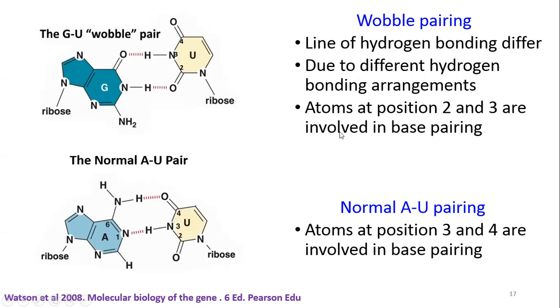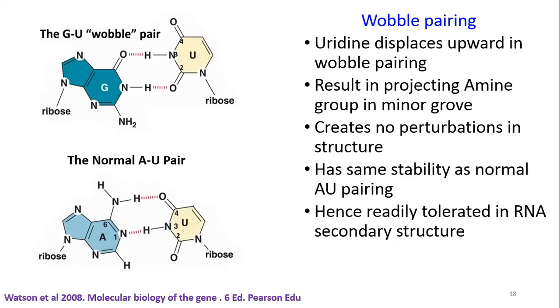Due to this shifting of the hydrogen bonding line, this uridine would be displaced upward in Wobble base pairing in comparison to normal base pairing.